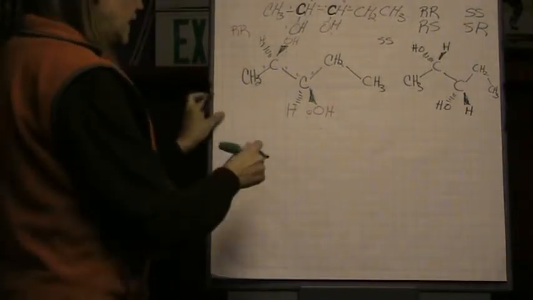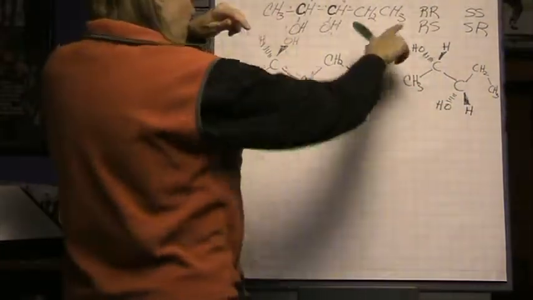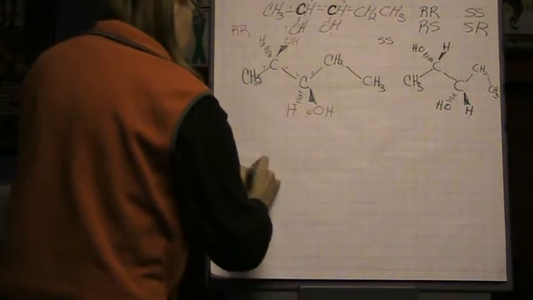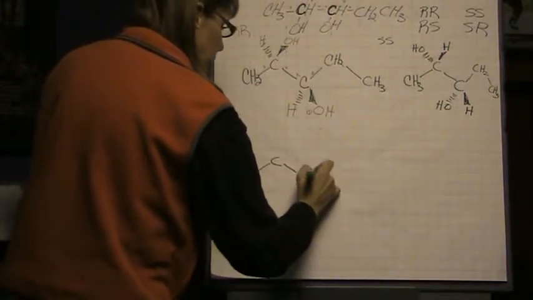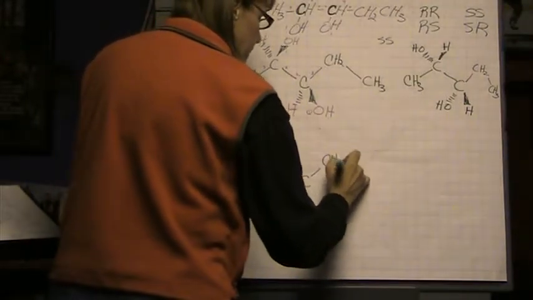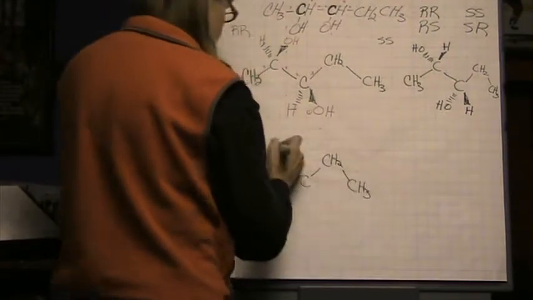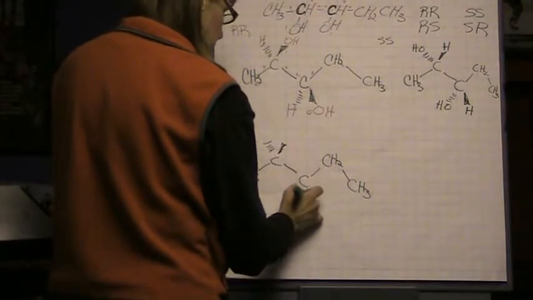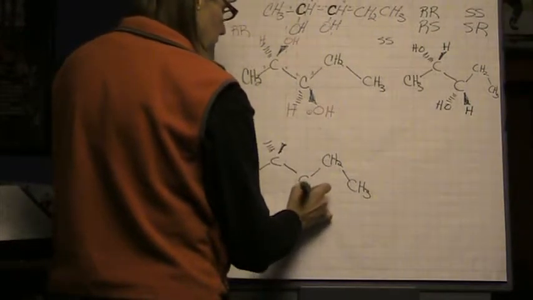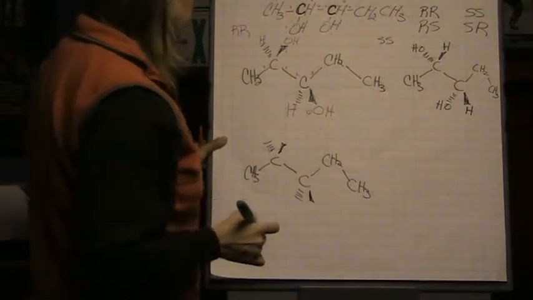Okay? Now, to draw RS, draw the chain, everybody the same. Dash, dash, dash, wedge, dash, and wedge. As little change as possible.